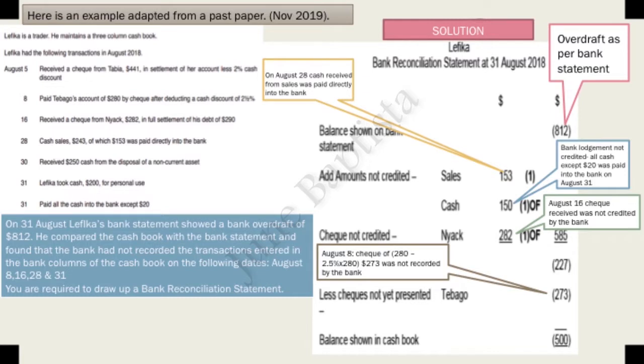What you arrive at is the balance as per cash book, $500, still in overdraft. Check this against the balance that you have calculated in your 3-column cash book. They should be similar. If not, you have made a mistake. Go back and check where you have gone wrong.